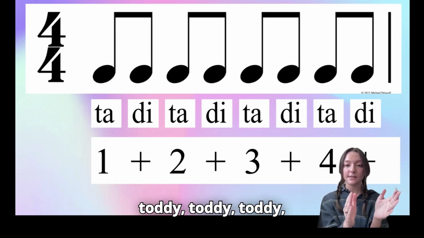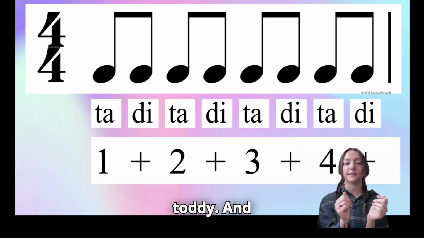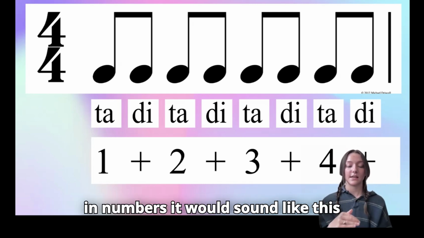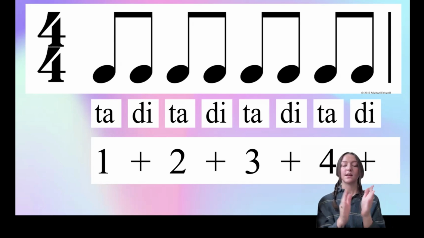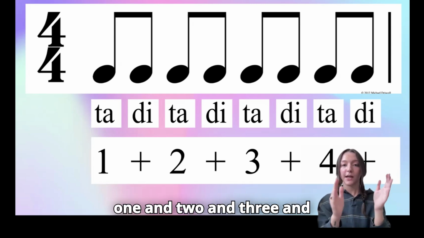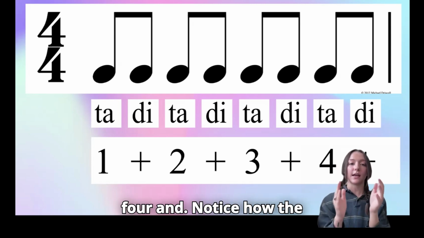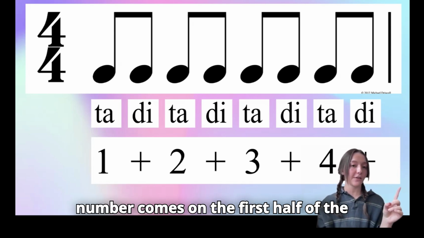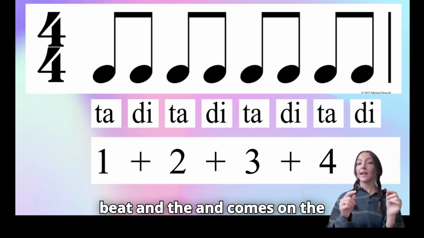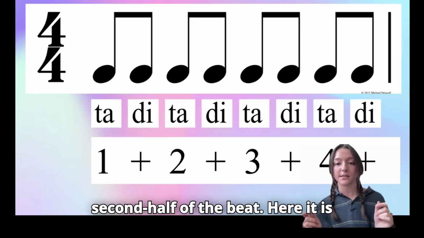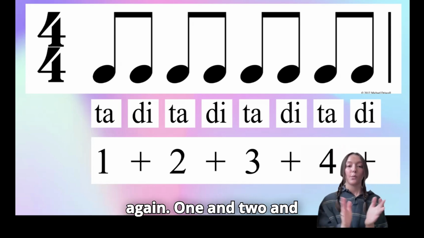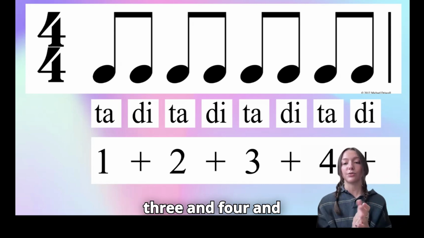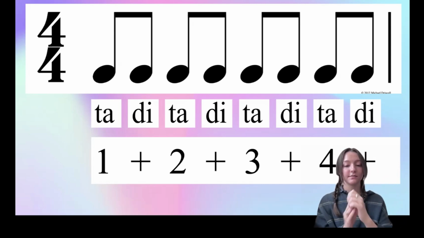Toddy, toddy, toddy, toddy. And in numbers, it would sound like this. 1 and 2 and 3 and 4 and. Notice how the number comes on the first half of the beat and the and comes on the second half of the beat. Here it is again. 1 and 2 and 3 and 4 and.